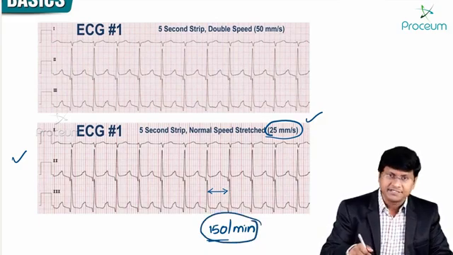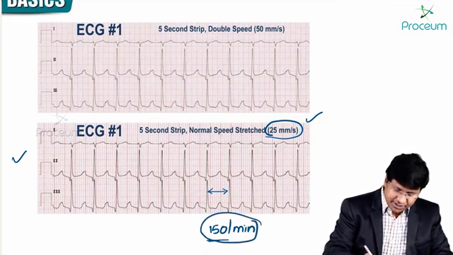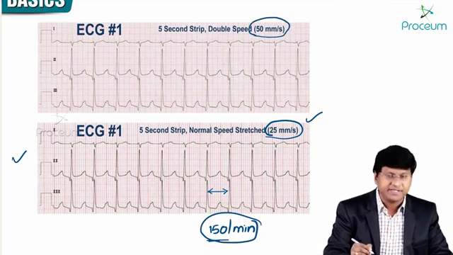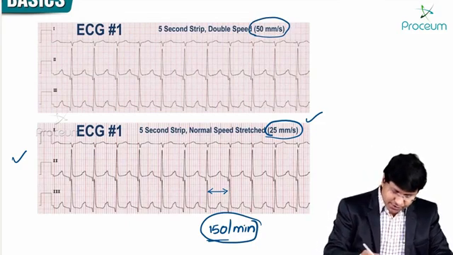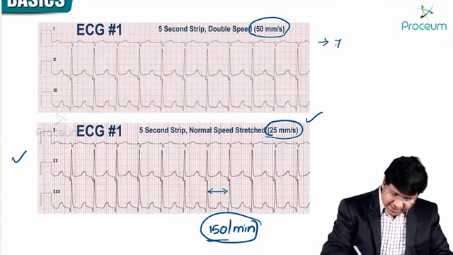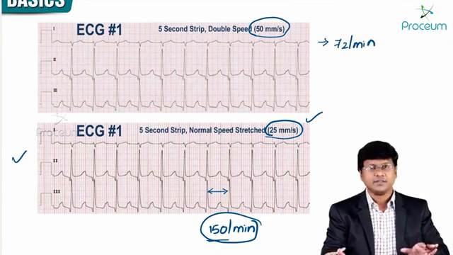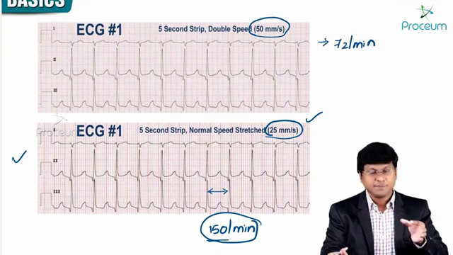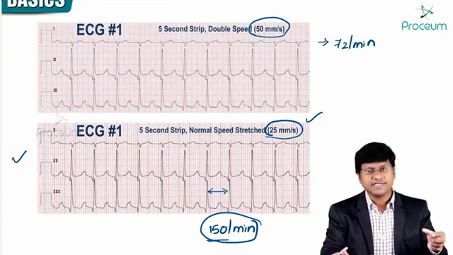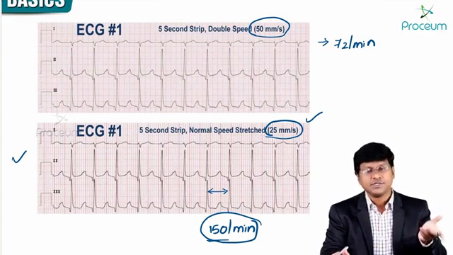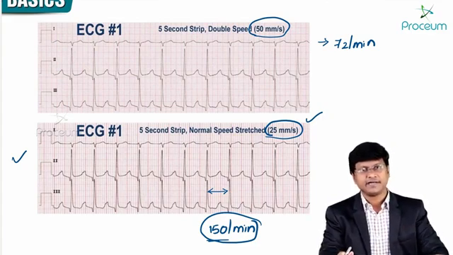Now, the same patient, if the ECG machine is run at a speed of 50 millimeters per second, you see how much is the rate in this individual now? The rate is around 72 per minute. Same patient, but the speed of the paper coming out of the ECG machine has been increased. So it appears that the individual is having bradycardia.